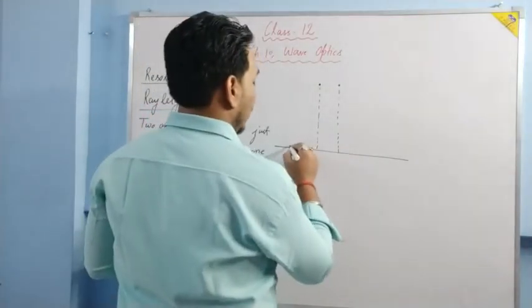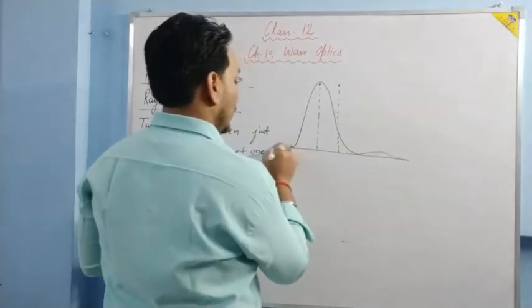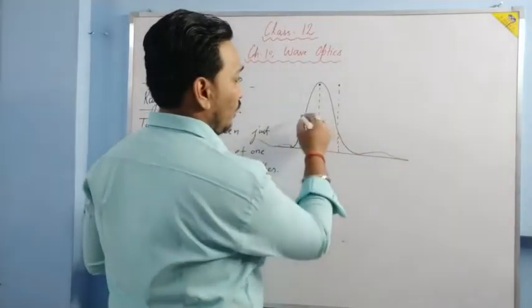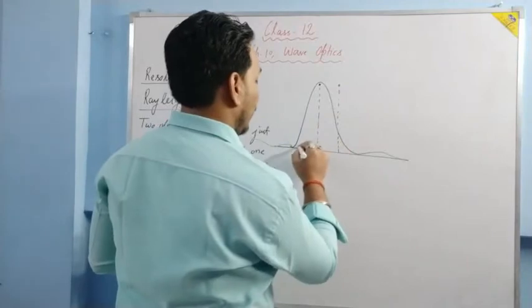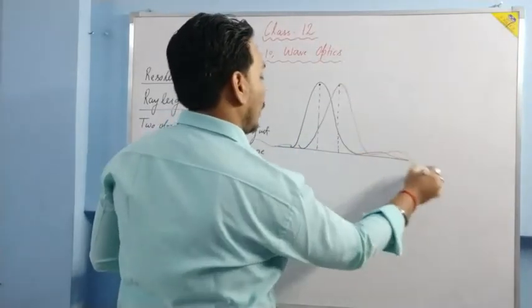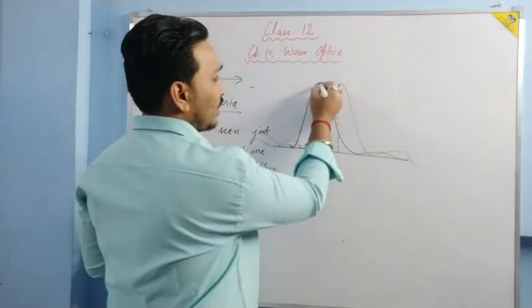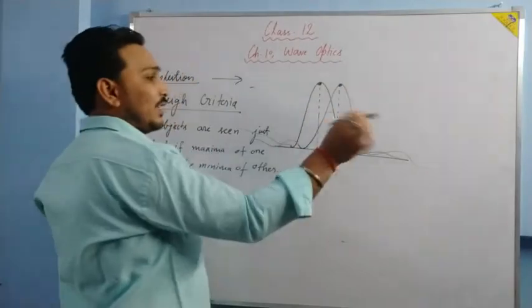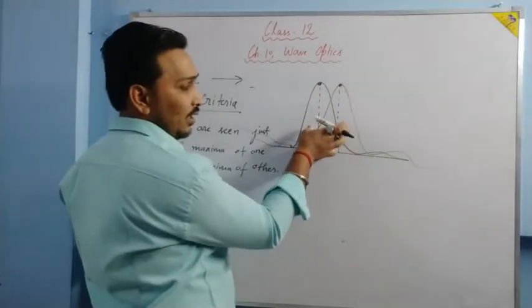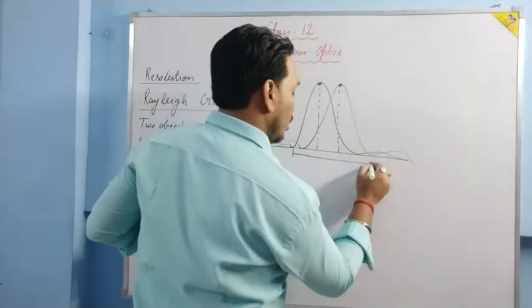The maxima of one, this is the diffraction pattern of one object, and this is another one. So for the other one, it is like this. So here what happens? These two objects will not be seen separated because their maxima overlap; the human eye receives maximum from this point to this point.